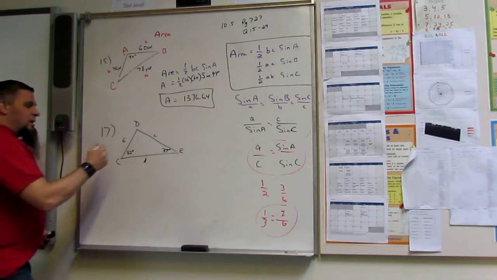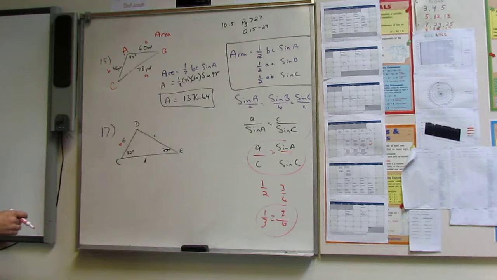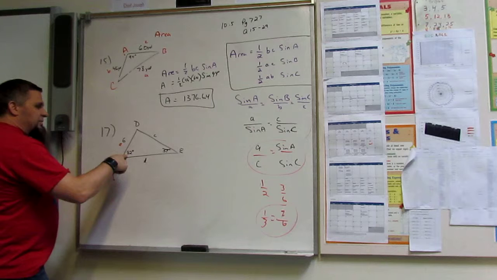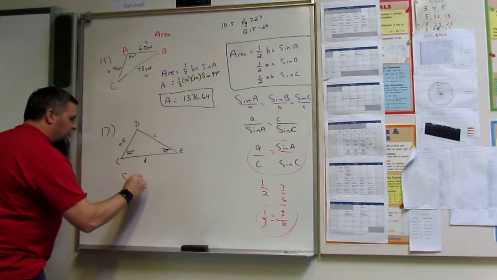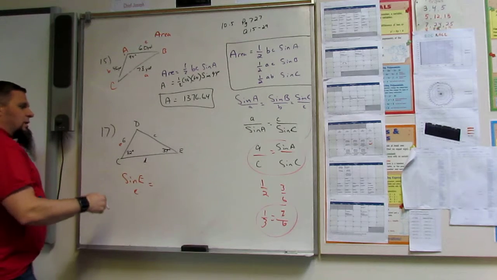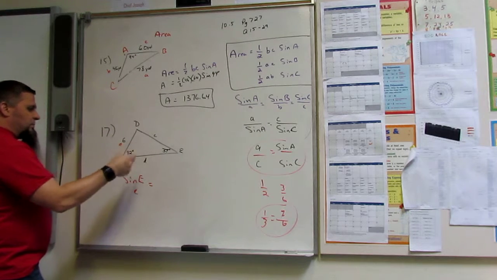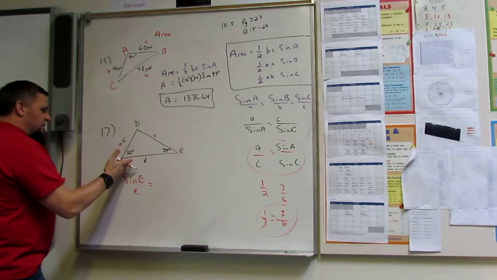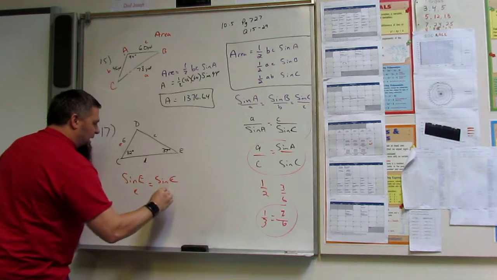Okay, this makes it so much easier. Because now I have an E right here, and E is 6. So if I have the sine of E, then I have sine E over E, which is equal to sine C over little c, and I don't have little c.